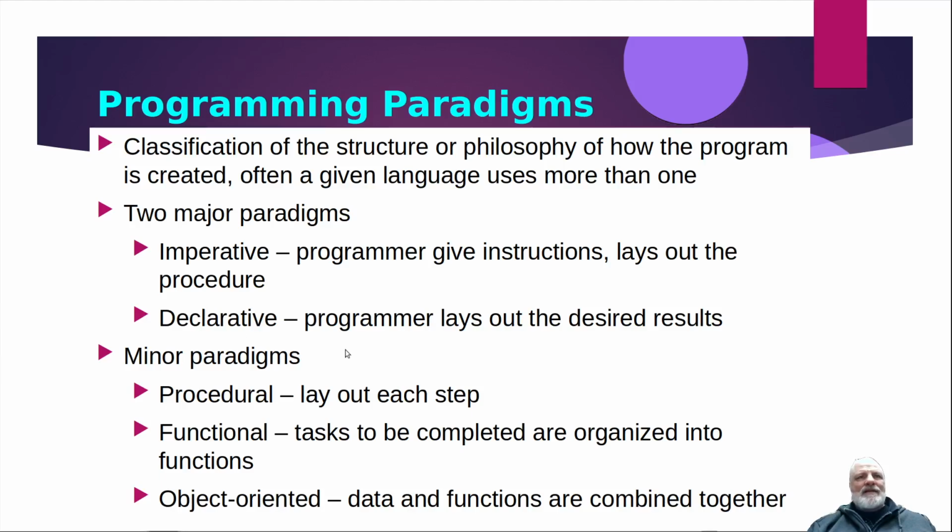That's called declarative. Within there, we have minor paradigms, which are procedural, which means we lay out each step, or functional. Functional refers to tasks that can be completed in groups of things. It's like, you go over here and do this, and you go over here and do this, and then later we'll bring them together.